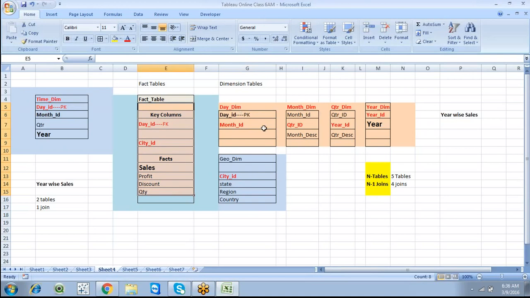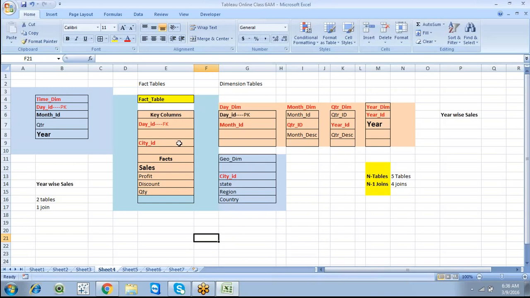This dimension table is related to only one single fact table. This is called a normal relationship, a fact table to a dimension table. In a star schema, a fact table is surrounded by multiple dimension tables, and each dimension table is directly related to the fact table.